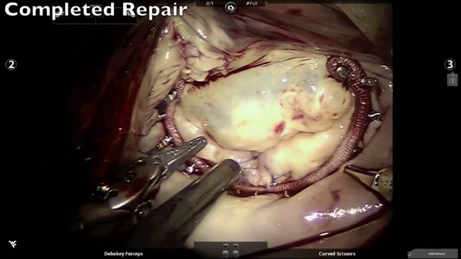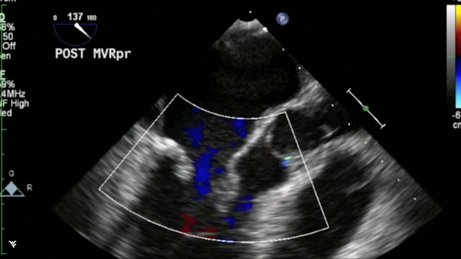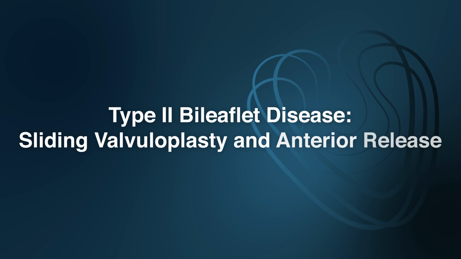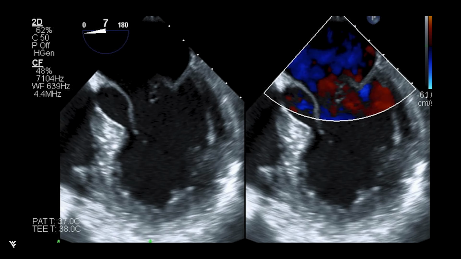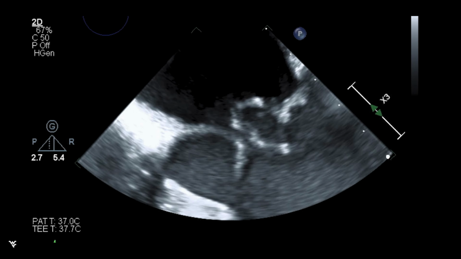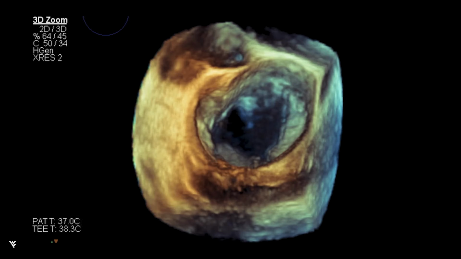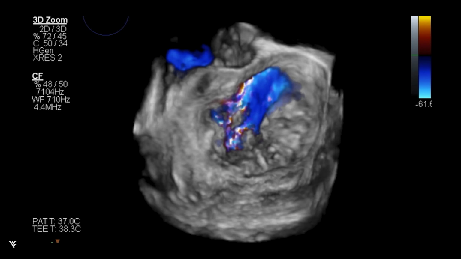A 38 millimeter band is then implanted, and excellent coaptation can be identified. We had also divided a small cord in the anterior leaflet in this case. Further demonstrating this similarly, here is another case where there's a tall anterior leaflet that's touching the outflow tract septum, an acute mitral angle, and diffuse posterior leaflet disease.